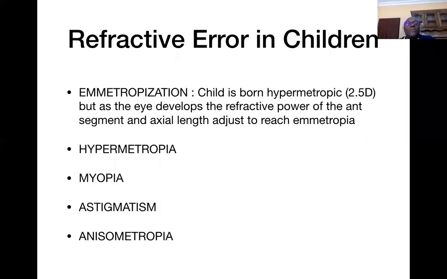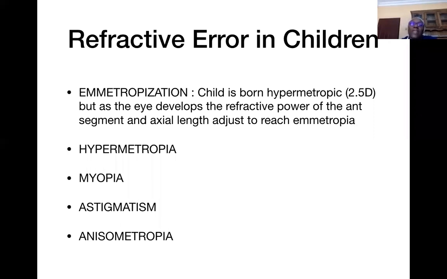So what types of refractive errors do you notice in children? First of all, I need to define what emmetropization is, whereby a newborn baby is born hypermetropic, about 2.5 diopters at birth. But as the eye develops, the other refractive components of the eye, the cornea, the axial length, and the lens, all adjust to reach emmetropia, which is normally completed by the time the child is 6 years.